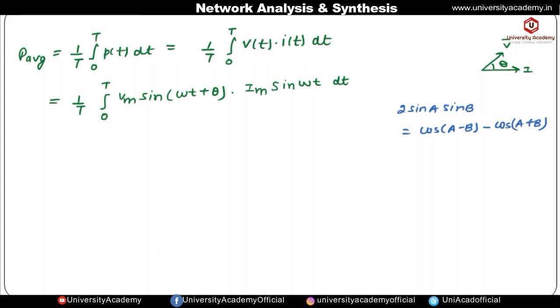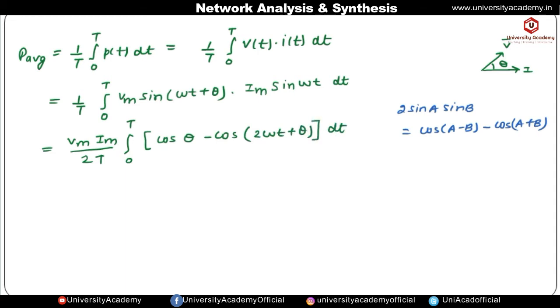Let us take Vm and Im common. So this is Vm Im divided by 2T, integration from 0 to T. This will become cos of A minus B, that is omega t plus theta minus omega t, so it will be cos of theta, minus cos of A plus B, that is 2 omega t plus theta, from 0 to T. The integration of cos of 2 omega t plus theta from 0 to T will be 0.